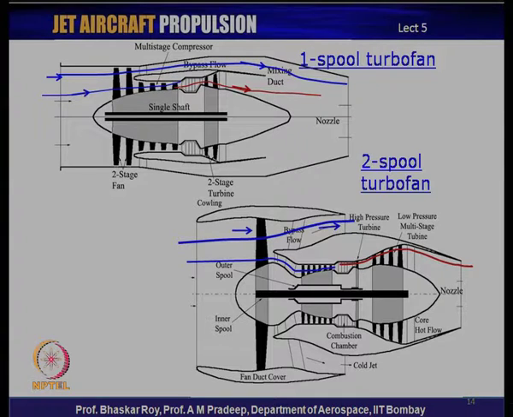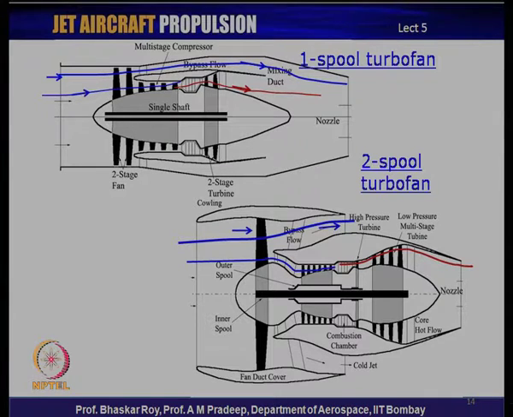So, that is the essence of a bypass turbofan engine, a high bypass turbofan engine, where cold thrust is produced in addition to the hot thrust, as a result of which a certain amount of benefit in terms of propulsive efficiency is obtained.